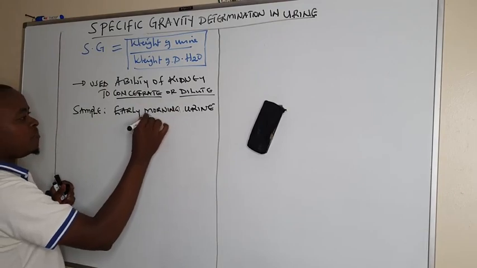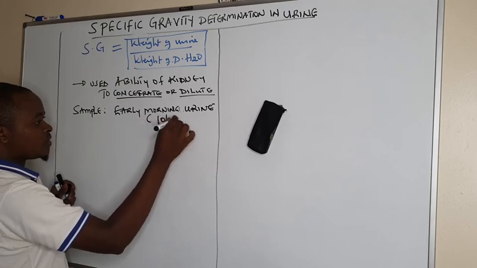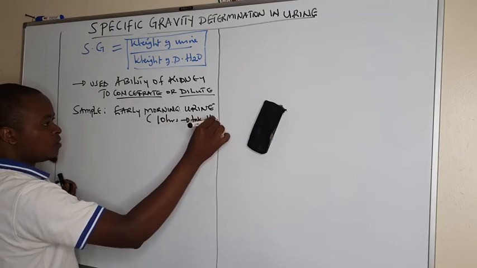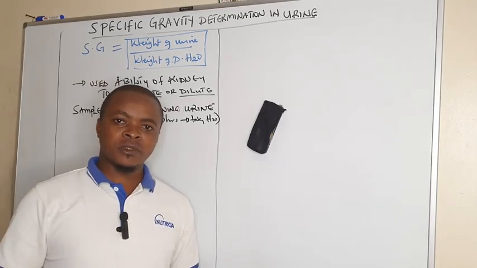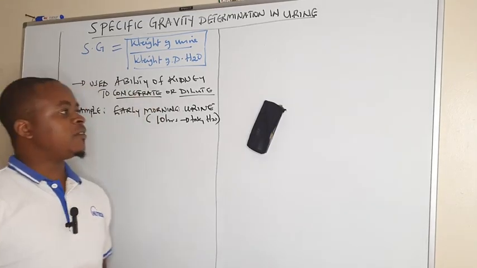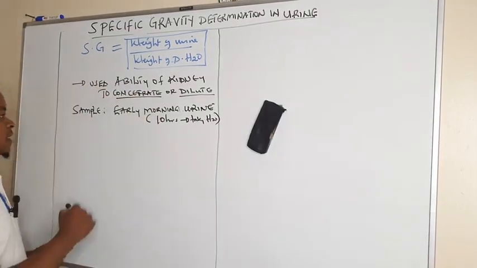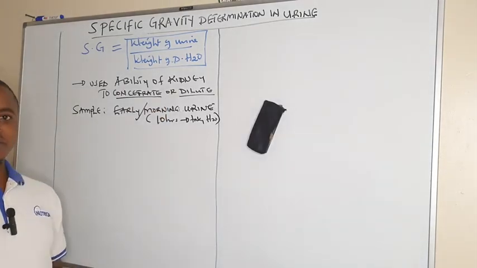It is preferred because we want a sample after you have gone about 10 hours without drinking water, so that we get the right value. Random specific gravity is of less value, so the sample of choice is the early morning urine sample.